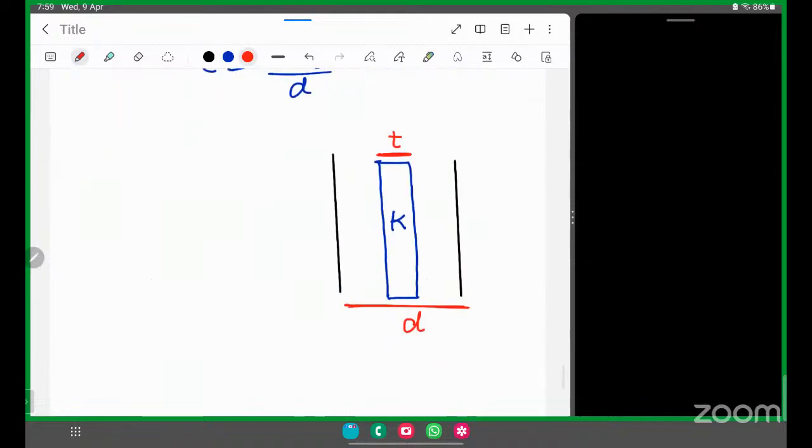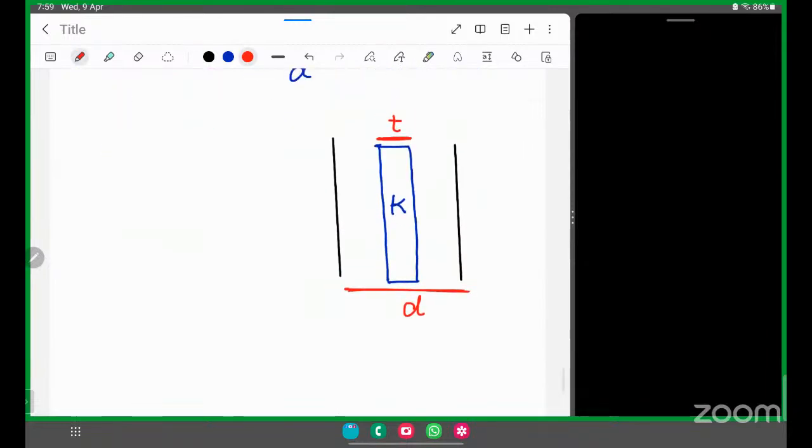But in this case, we have a dielectric slab between the plates, and this slab is not of thickness D, it is of small t. Now there will be a certain region in which dielectric K will be present, and in the remaining region there will be air or vacuum. Now we want the value of capacitance C in this case.